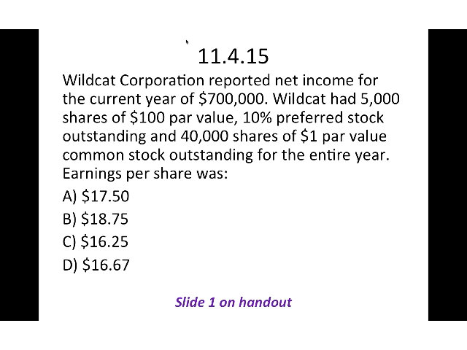What you're doing on this is taking the net income minus the preferred dividend. Our net income is $700,000. The preferred dividend is always going to be your number of shares times the par value times the percentage. Divide all that by the average common shares outstanding.